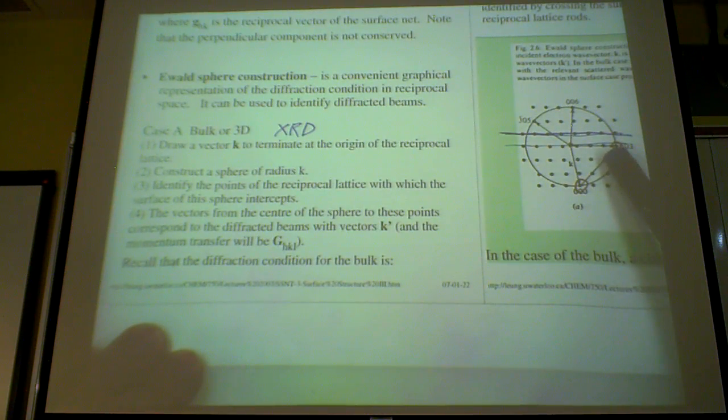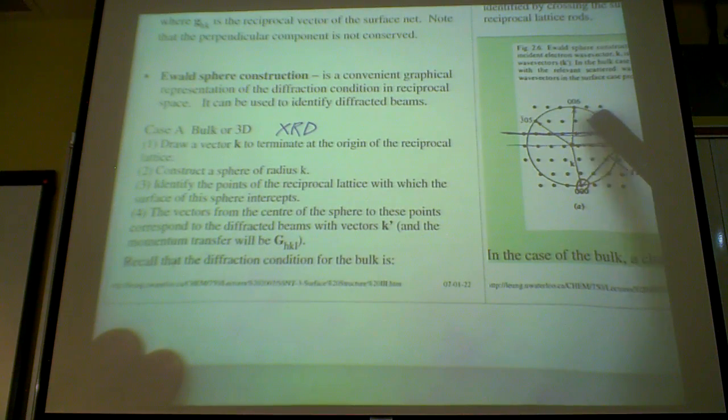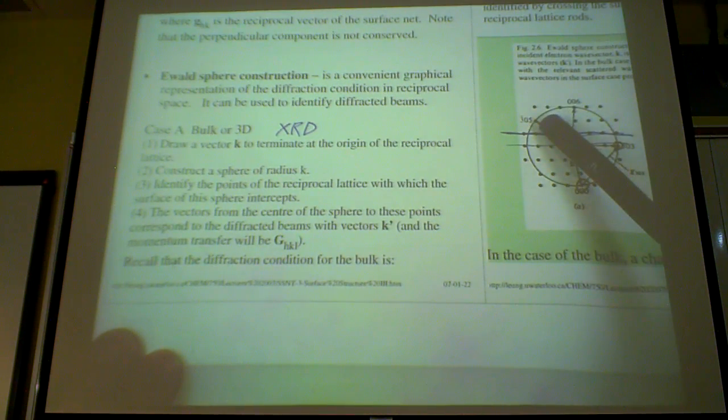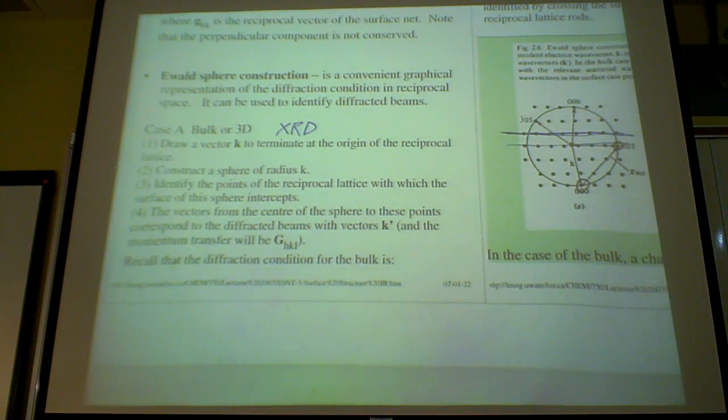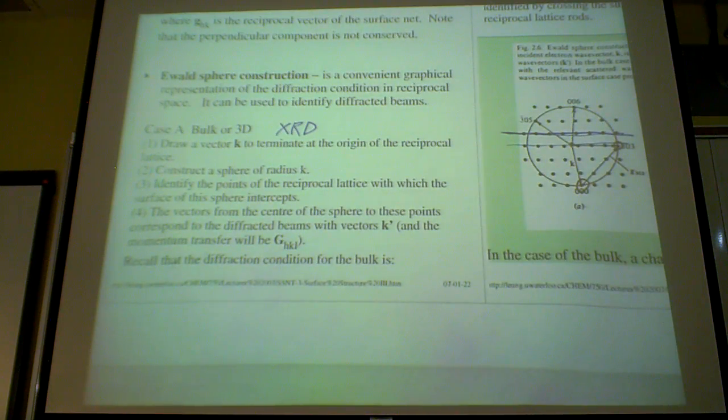Intercept the 303 point, that's another point, and intercept this point as well. But some points you're missing. You're missing this point, this point, this point and this point. So that immediately identifies the spots you see. The spots you see on the diffraction pattern correspond to the intercepted points on your grid of this Ewald sphere when you inflate it.